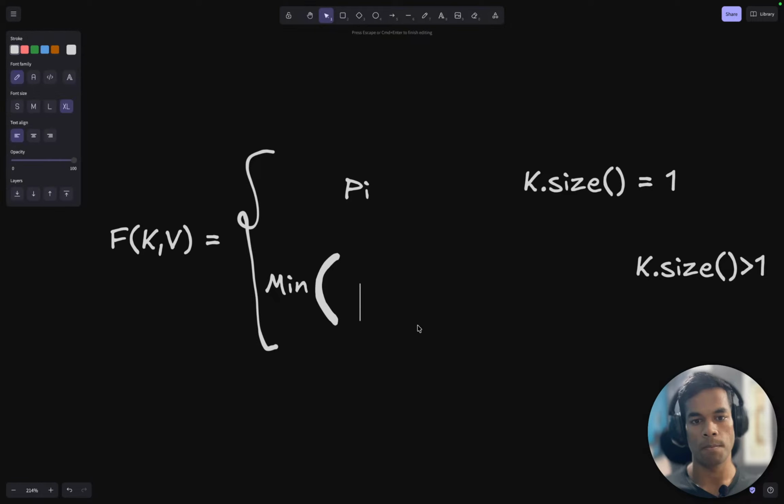Find the minimum when we go through all choosing all the values in k one by one.